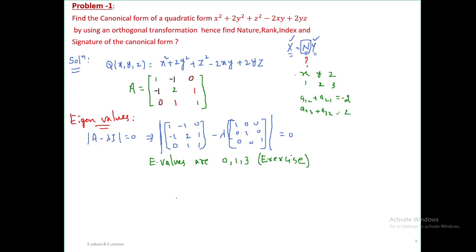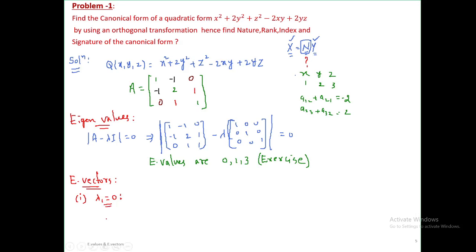After knowing the eigenvalues, find the corresponding eigenvectors. Let us compute the eigenvectors. First, with respect to the eigenvalue lambda 1 equal to 0, what is the eigenvector?